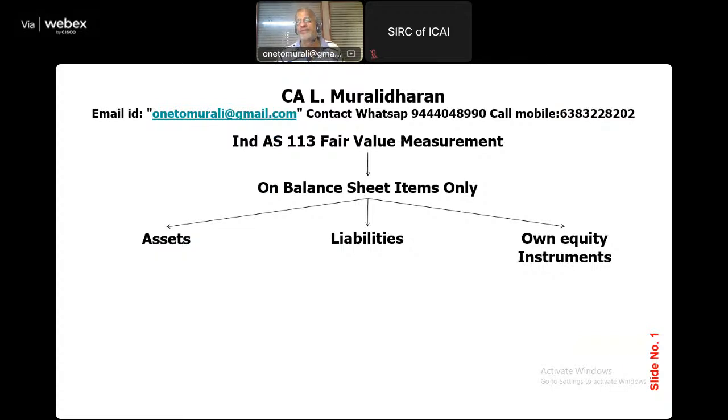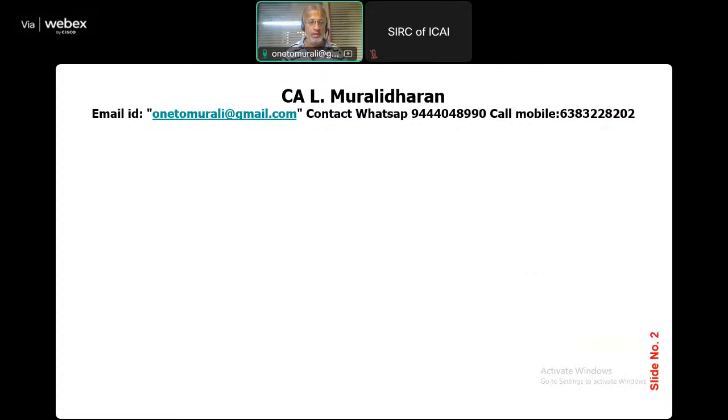It has got nothing to do with anything other than the balance sheet. And this particular accounting standard is not targeting any particular event or a particular asset. It is a strong source of inspiration for other accounting standards.